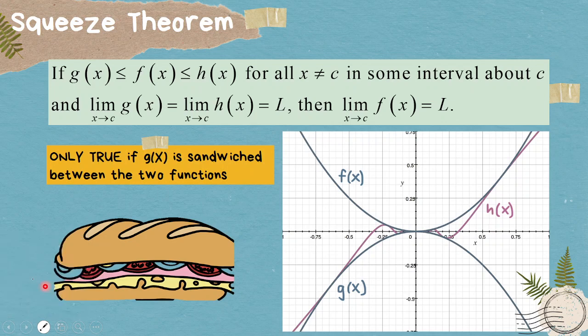Correction here: we have the function g of x. So this is the sandwich, g of x, the buns. Then the function f of x, this one.